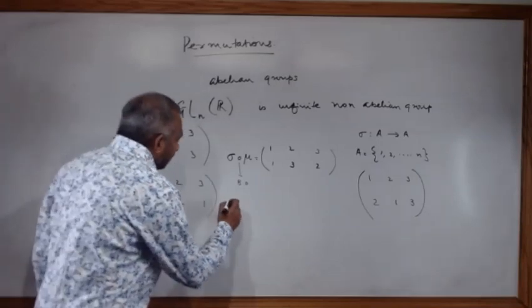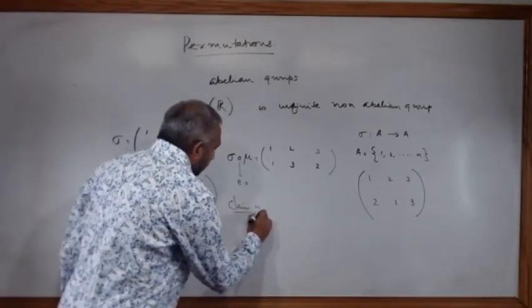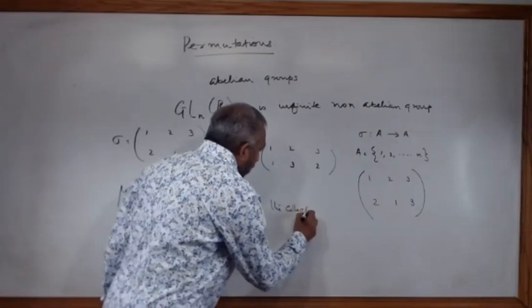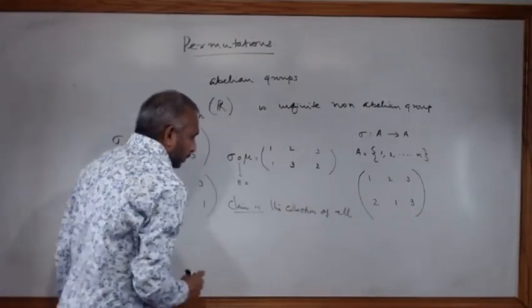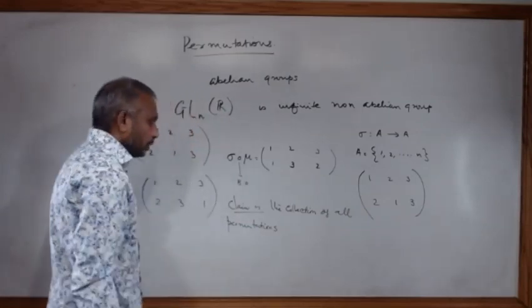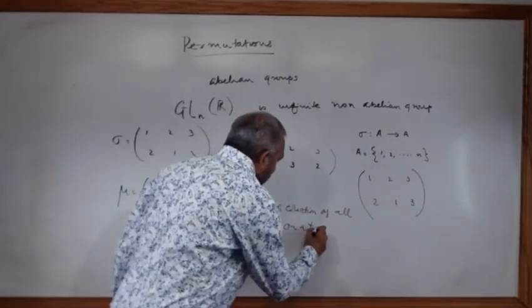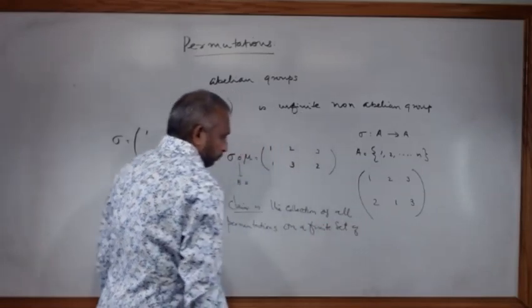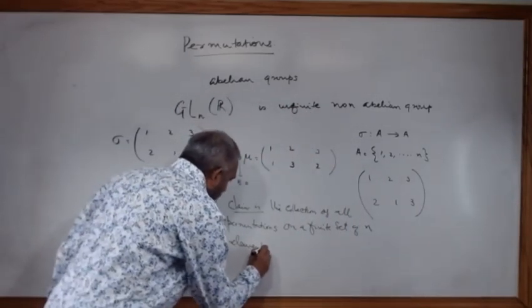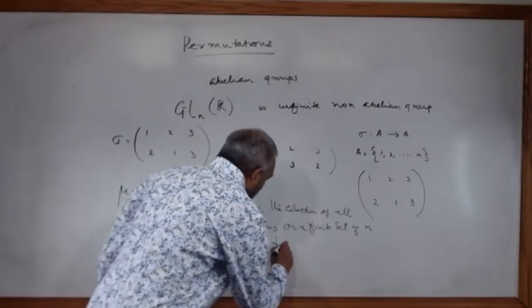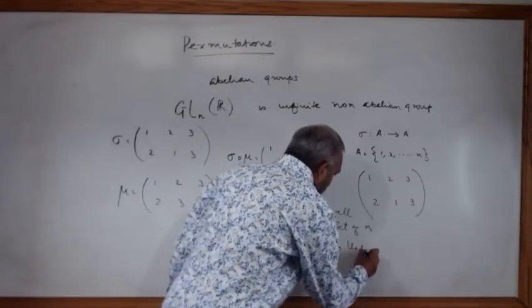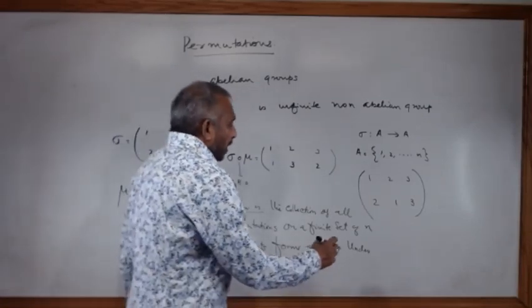So our claim is that the collection of all permutations on a finite set of n elements forms a group under function composition.